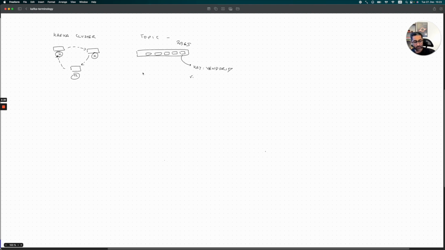And the value was what that ride consisted of: where was the pickup, where was the drop off, what was the final price, and other information like that. That was a JSON string, and we had that as a value.